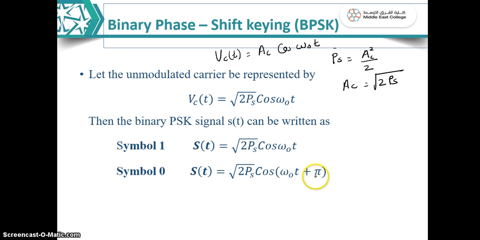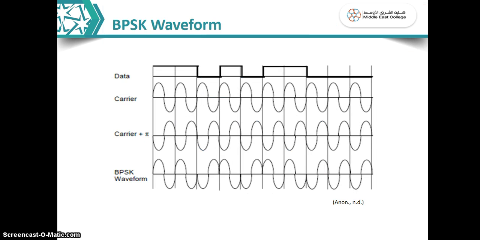So cos(omega 0 t plus pi) can be written as minus root 2 Ps cos omega 0 t. The polarity will change. That is the BPSK transmitted signal we can write.